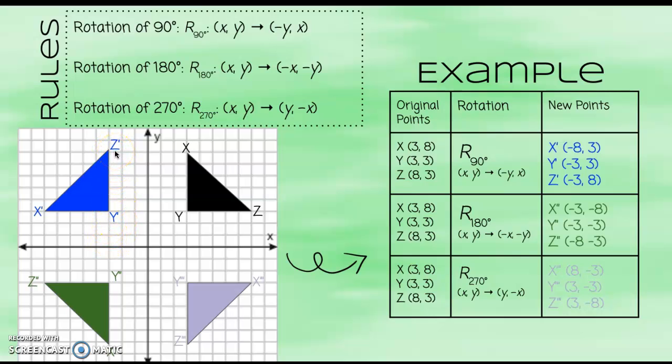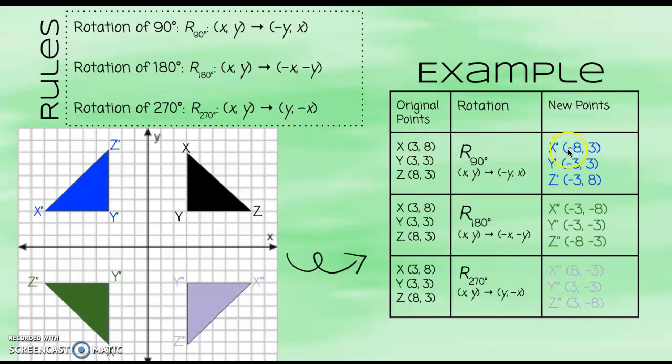So we switched. So let's look over here. This represents the rotation. So we were at 3, 8, 3, 3, and 8, 3. So first we flip them because this says xy is now negative yx. So the first thing I do is flip them. 3, 8 becomes 8, 3. And then this also says make y the negative version of it. So right here, 8 was positive.